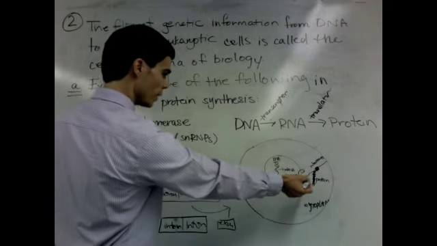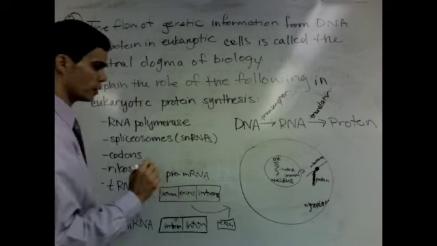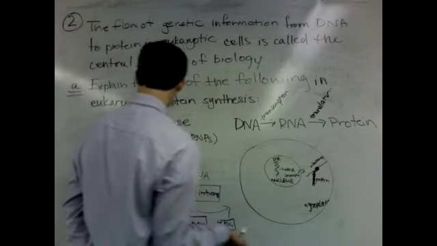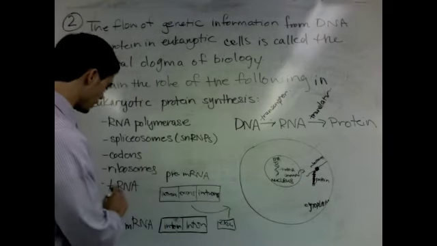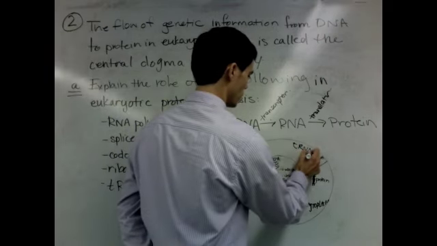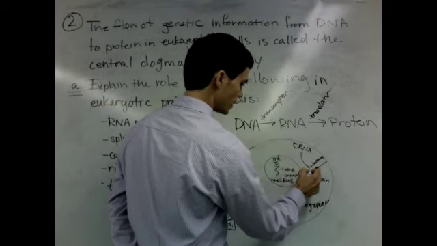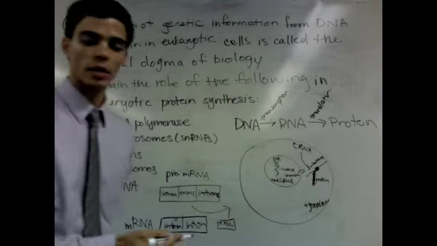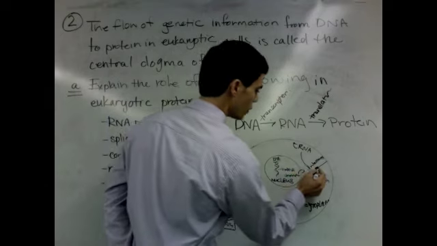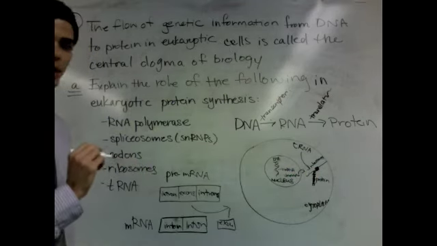Once it's in the cytoplasm, the ribosomes recognize the mRNA and start to translate protein. The tRNA or transfer RNA facilitates the movement of amino acids, which are the building blocks of proteins, to the ribosome so that these amino acids can then be incorporated into the protein.